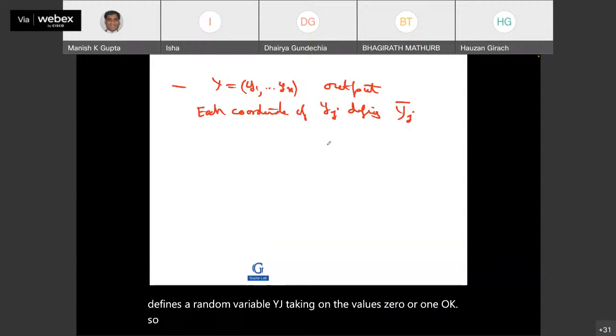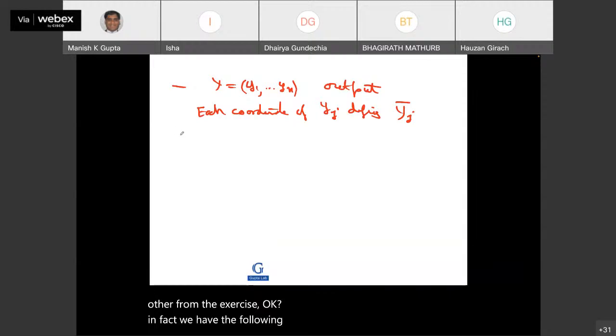These random variables are not independent from the xis. In fact we have the following formulas, which I would like to mention.